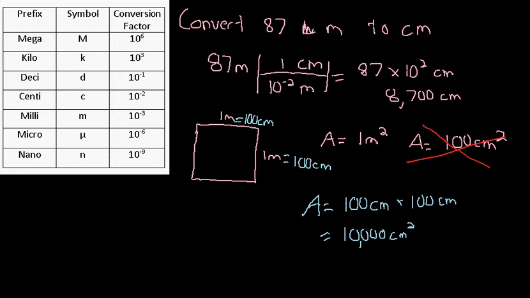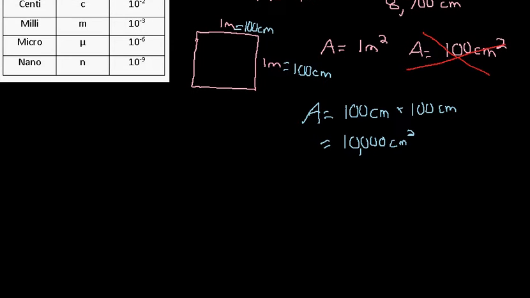So let's show you how these would apply in conversions. Let's say we wanted to convert 1 meter squared to centimeters squared in an actual conversion problem. Again, same general process to start.